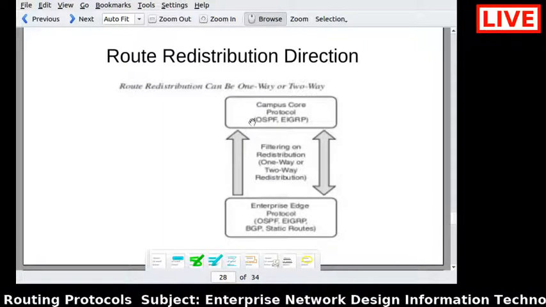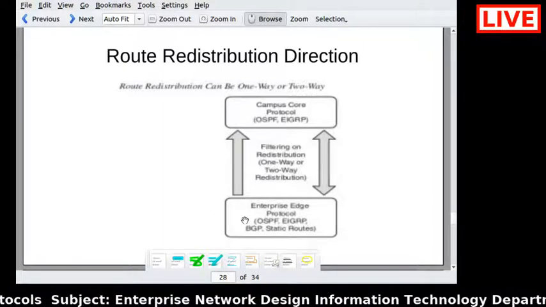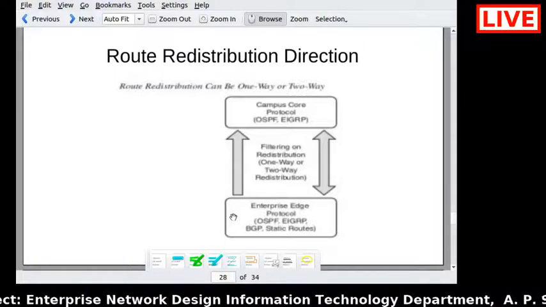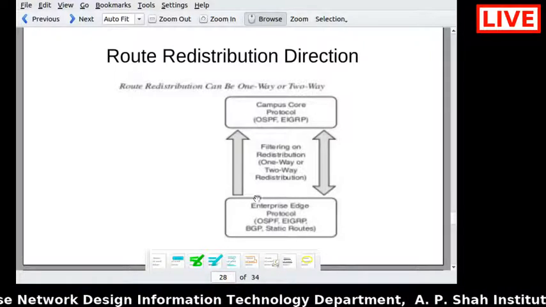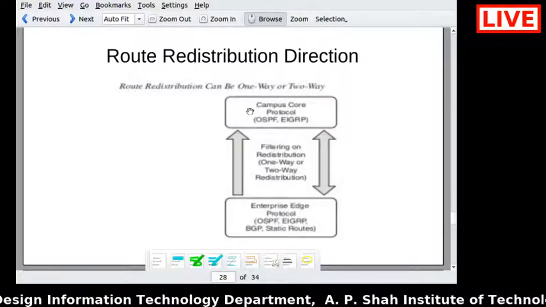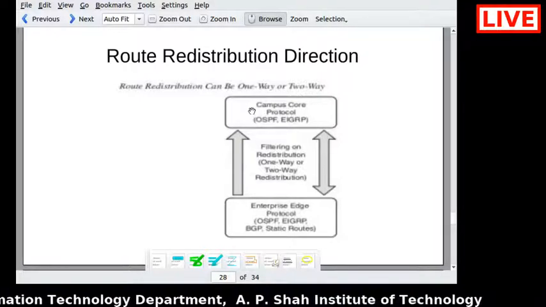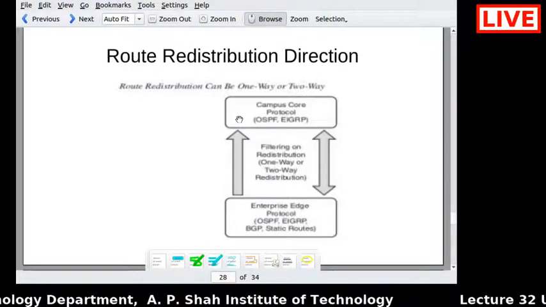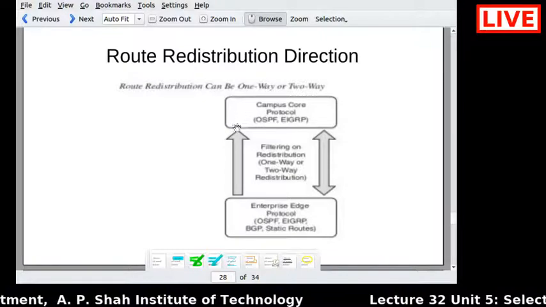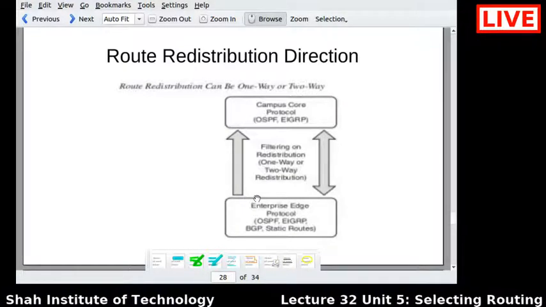That means it will not go from the campus core to the enterprise edge. So it is only one way, from your enterprise edge protocol to your campus core protocol, and a static or default route will be required in the opposite direction to provide the connectivity.